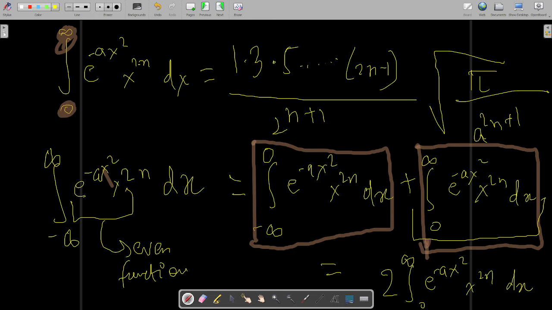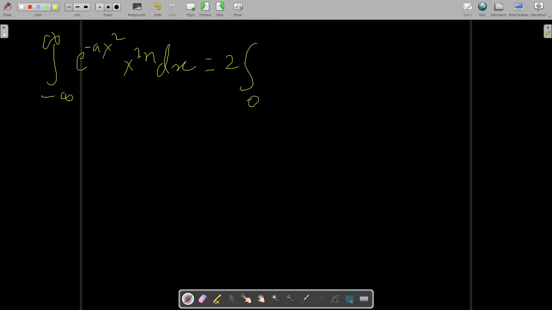Now you came to know that this quantity has come out to be equal to this. So let me write on the next slide what we have learnt: minus infinity to infinity e to the power minus a x square x to the power 2n dx is equal to 2 times integration 0 to infinity e to the power minus a x square x to the power 2n dx, right?